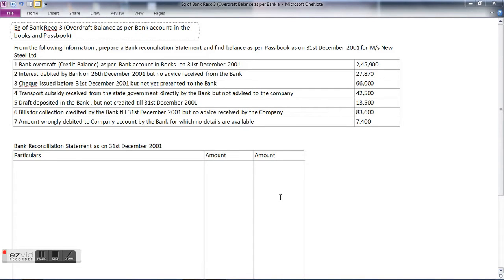So there is a bank overdraft facility which has been given, and so the account is already overdrawn and there is a credit balance as per our books of account, that is as per our cash book, or you can say as per our bank account. The amount of the credit balance is 2,45,900. So first we'll put this balance in our reconciliation statement.